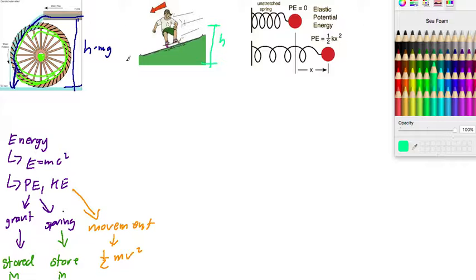From kinematics, as you may remember, we may be able to find his velocity, how far he's traveled, what the angle is. But with energy, it's a lot easier, and I'm going to do an example of that in the next video. But here, you're losing potential energy, and it's getting transformed into kinetic energy because he's moving. So his velocity is going to be dictated by the height.